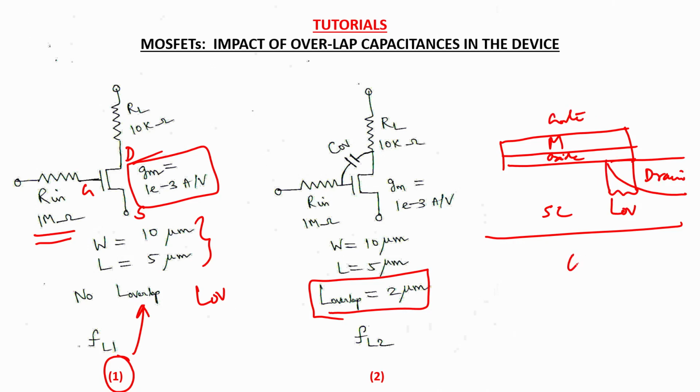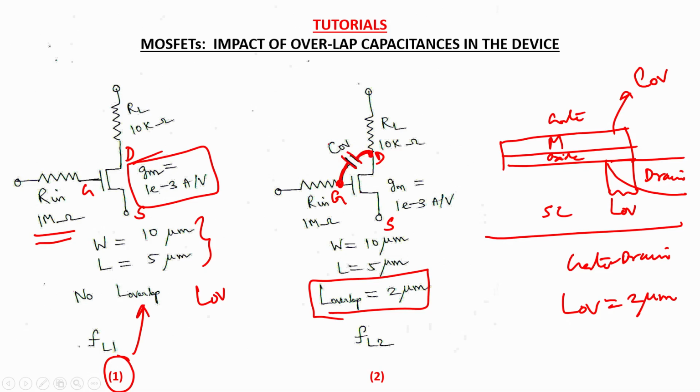So this is the gate to drain overlap in the device, and you are given that the overlap length comes out to be 2 microns. So this adds an additional capacitance, C overlap, which is a capacitance coming directly between the gate terminal and the drain terminal of the device, and this is the source terminal. So this overlap length of 2 microns leads to an additional parasitic capacitance directly between the gate and the drain terminal of the device.